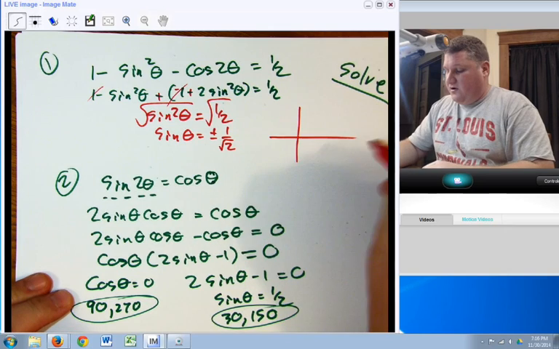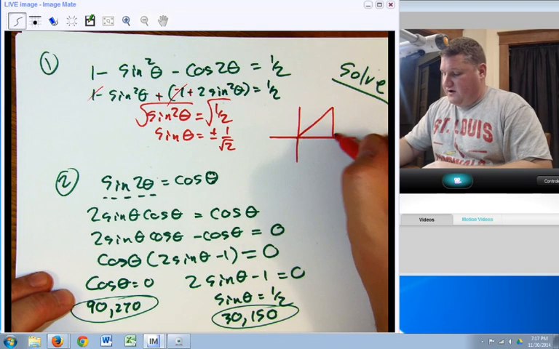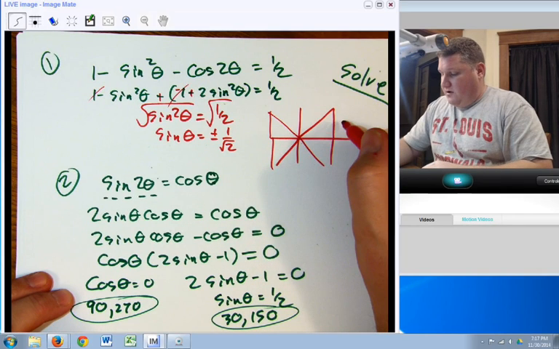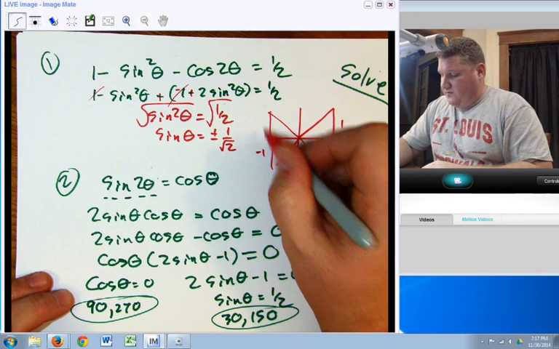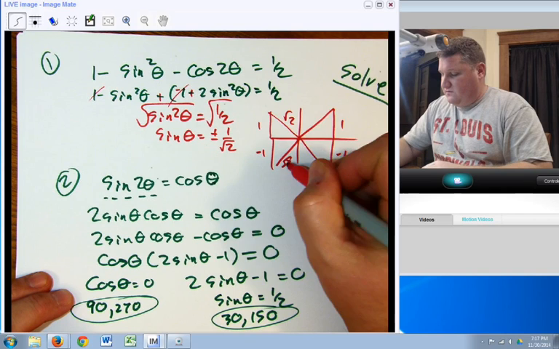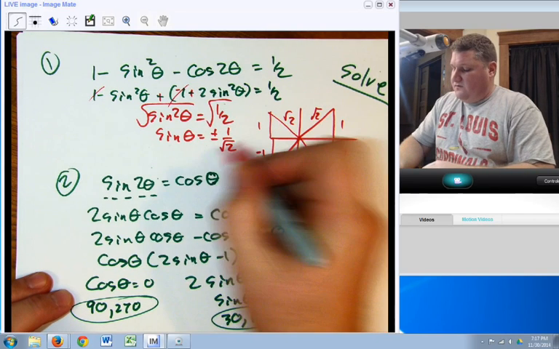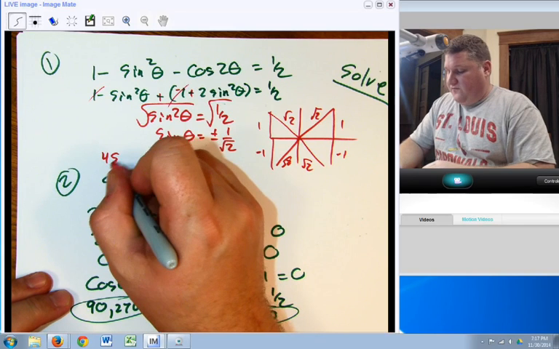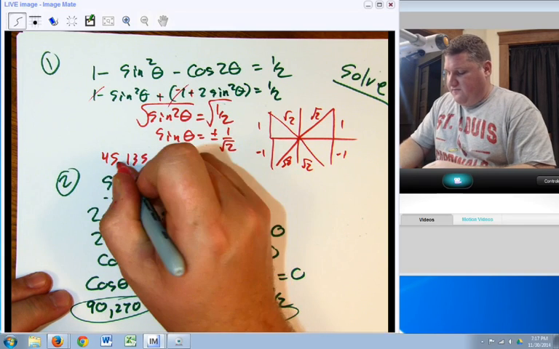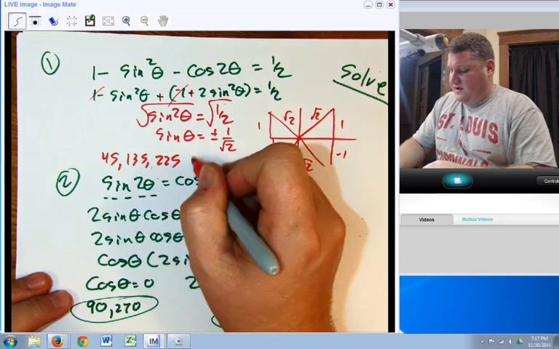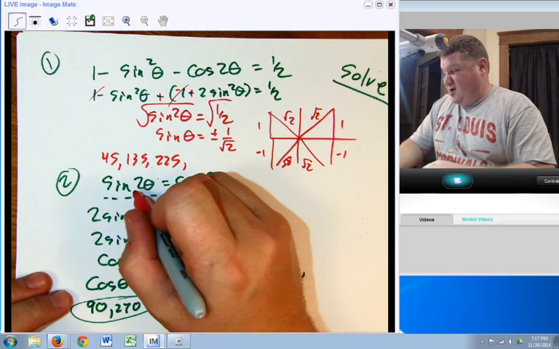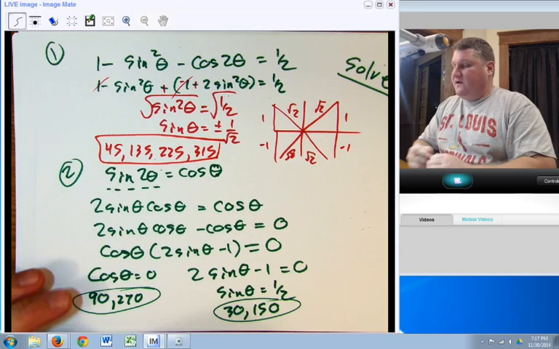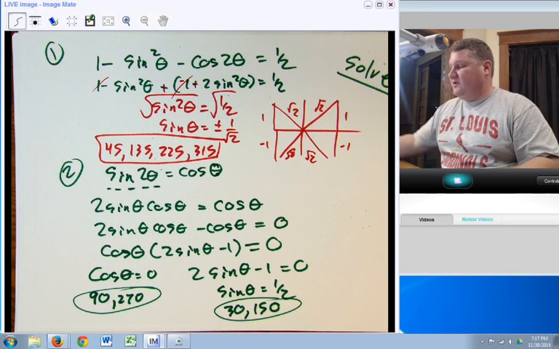And so where are all the places that it equals plus or minus 1 over root 2? So I come up with, in 0 to 2 pi, 45, 135, 225, and 315. Okay, so a couple different ways to solve using double and half angle identities.